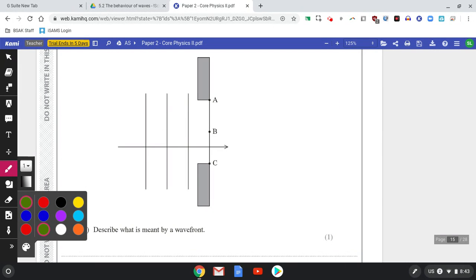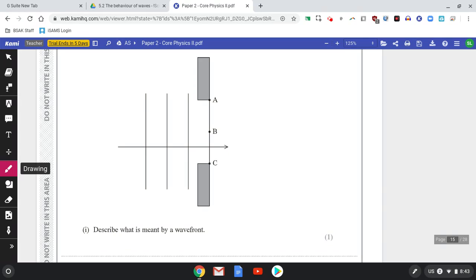So we'll go with this. There you go. Now, it's going to be semicircular, isn't it? So basically, it's going to look like that. Point B, the next wavefront's going to be there. Point C, the next wavefront's going to be there. So we can do the same here, can't we? Semicircular wavefronts going to radiate out.